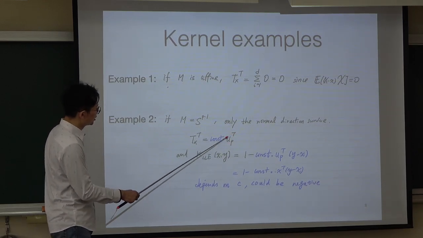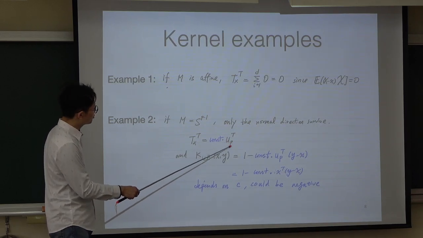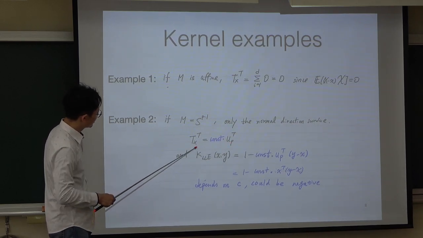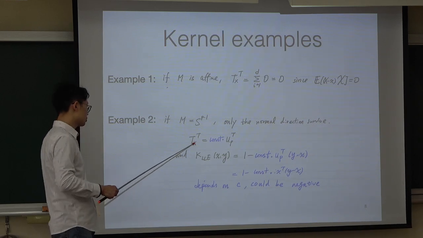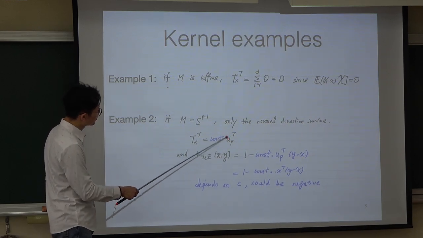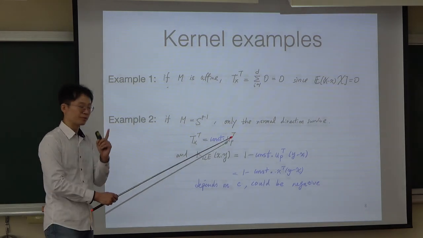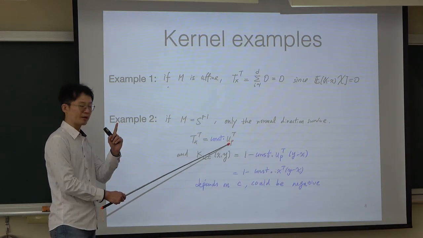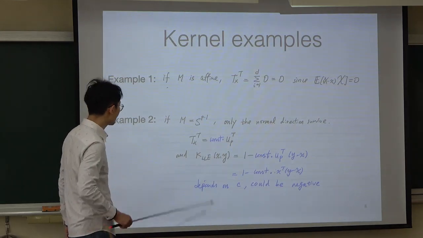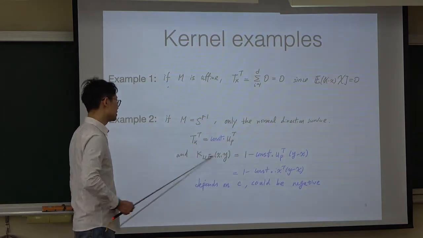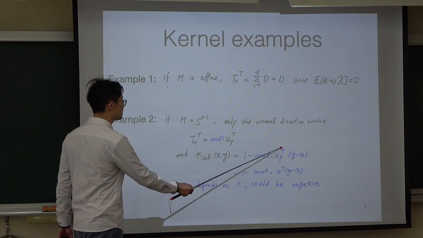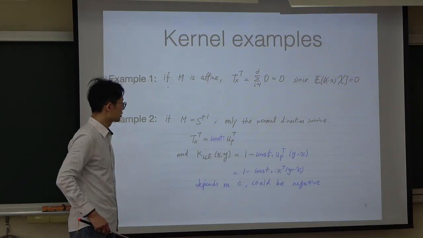Suppose x is at the North Pole, for example, and this u_x will be the unit vector directed to the normal direction. So in the end, you will get the LLE kernel is 1 minus a constant times u_x transpose (y minus x).